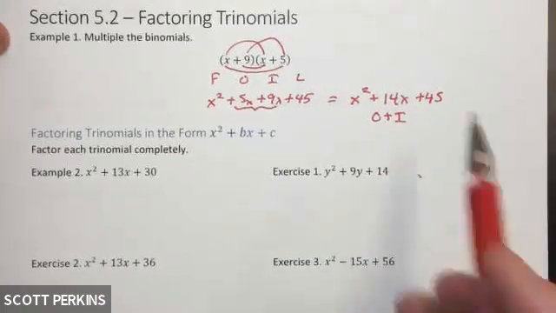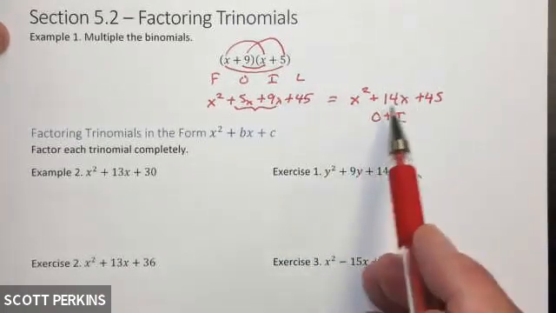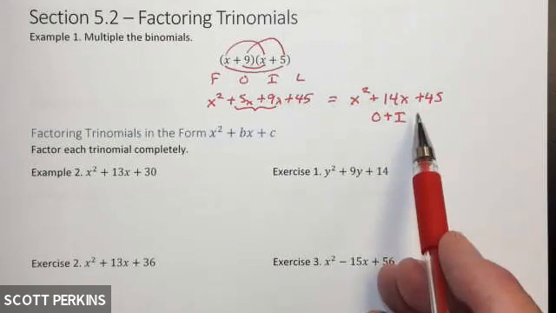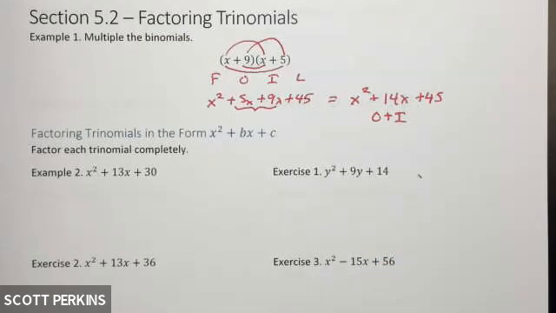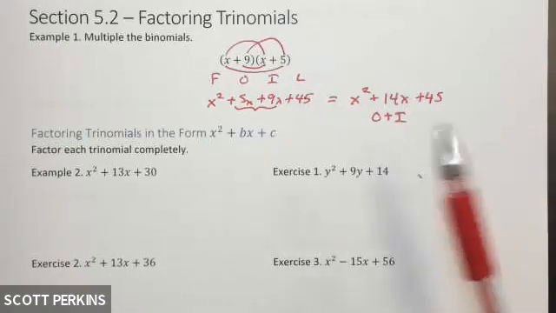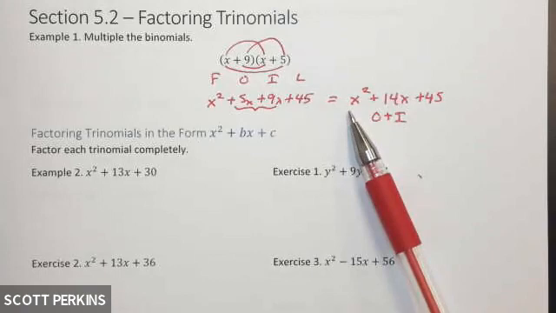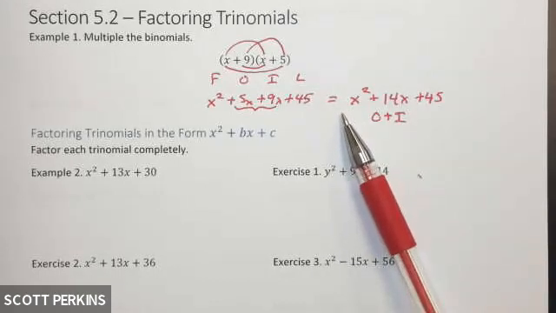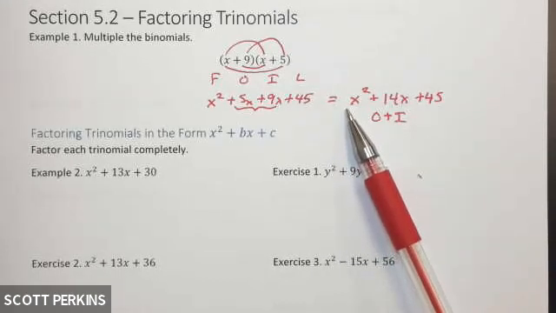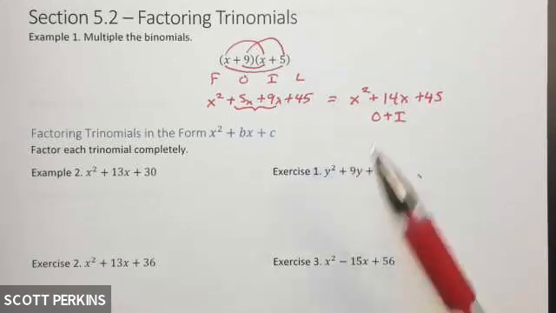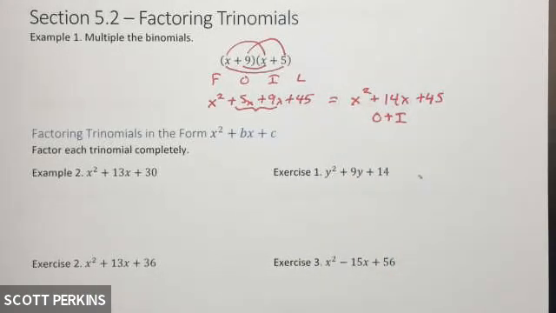So as I've said, we are going to take trinomials like this, x squared plus 14x plus 45, and we are going to unmultiply them. The key thing that I just want you to note is that in this situation, which is where we're going to start, where my leading coefficient in front of the x squared is a 1, the factoring process is nice and relaxed.